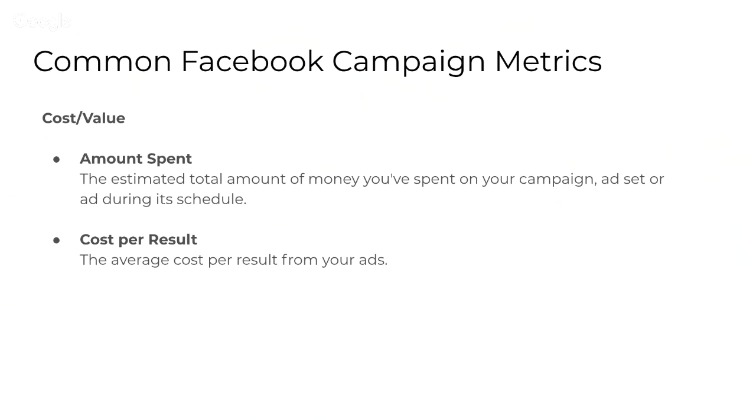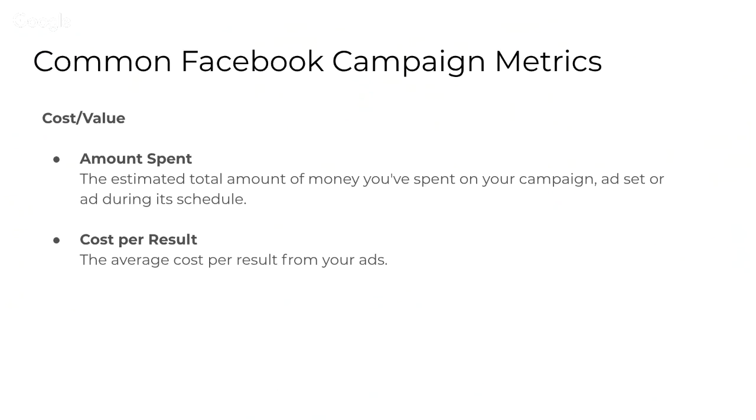I guess what I would say overall is when you're looking at these different metrics, they're all great in a certain way, and they'll all tell you something useful about your campaign, but they won't tell you the big picture, and they won't tell you the overall result.